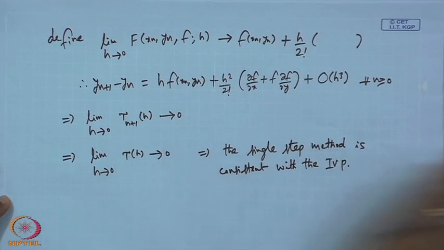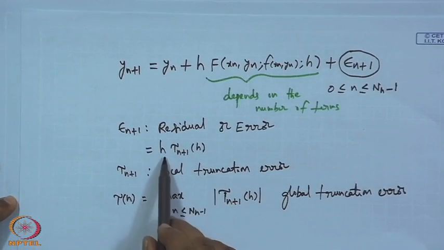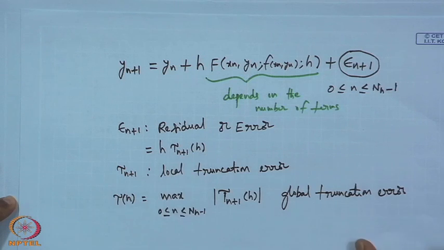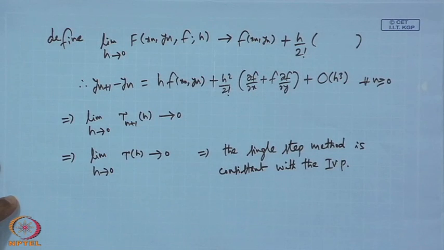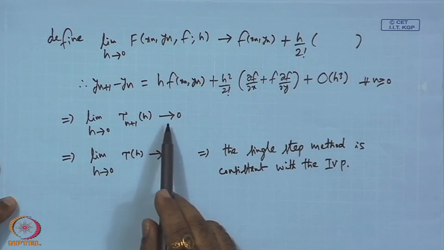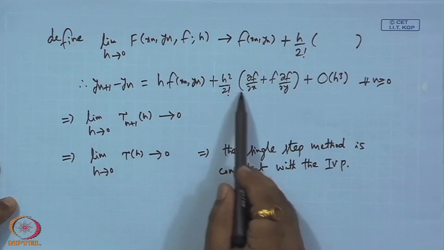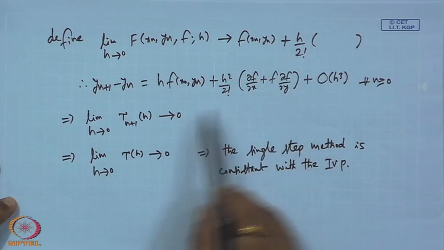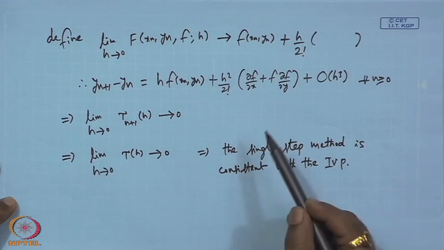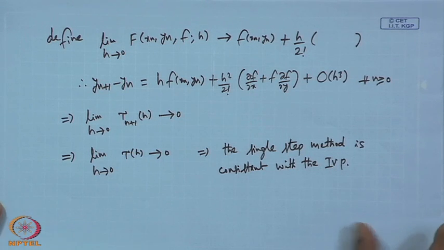So, why is this happening? The way we have defined the residual is h times tau n plus 1. So, therefore, tau n plus 1 goes to 0, because at least one h remains in these. Okay. So, as h goes to 0, this goes to 0. So, if this happens, then we say the single step method is consistent with the IVP.